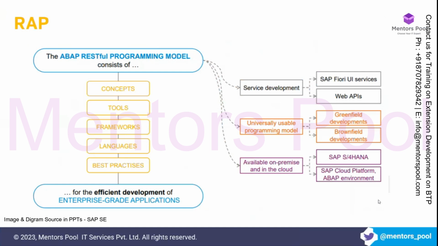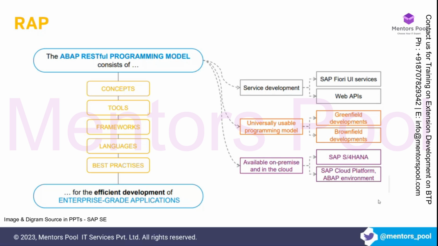It has a nice framework. It can support multiple languages, and it also has best practices in place. So all this together, you can call the entire RESTful ABAP programming model an enterprise-grade development platform. As it used to be on-premise, it is still an enterprise development programming model on cloud.